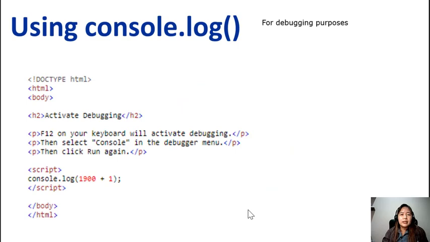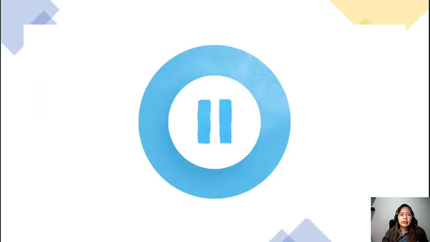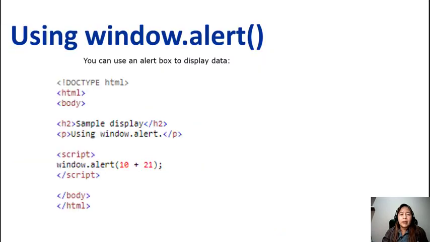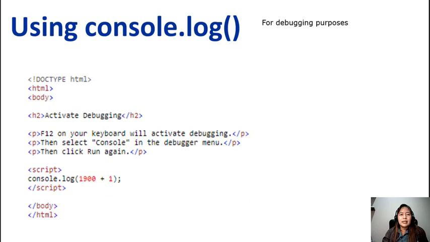The next one is using console.log. This is only for debugging purposes, very similar to what I explained earlier, which is your document.write. So it's also for debugging or testing purposes, and that's the purpose of your console.log. We don't normally use this one.